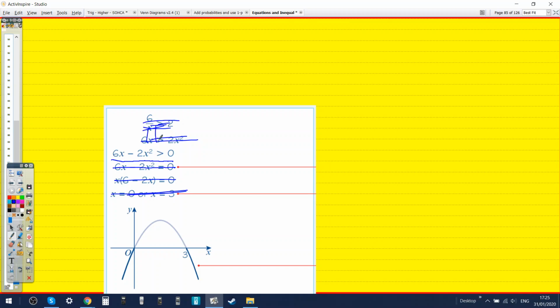So 6x minus 2x squared is greater than 0. Yes. This is the graph of y equals 6x minus 2x squared. How can the number be negative if it's larger than 0? How can x be negative if it's larger than 0?